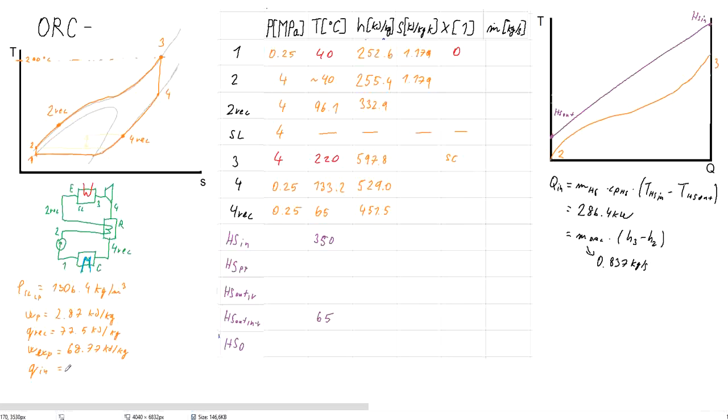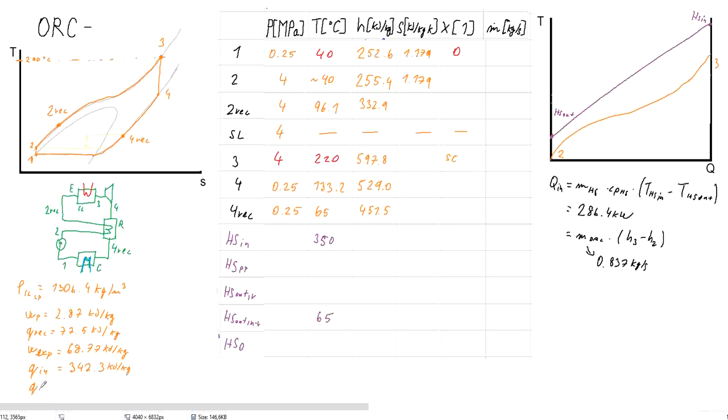Heat input in the unit values is 334.3. Is 342.3 kilojoules per kilogram.